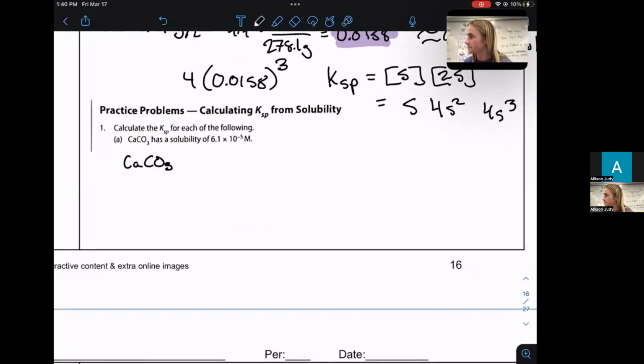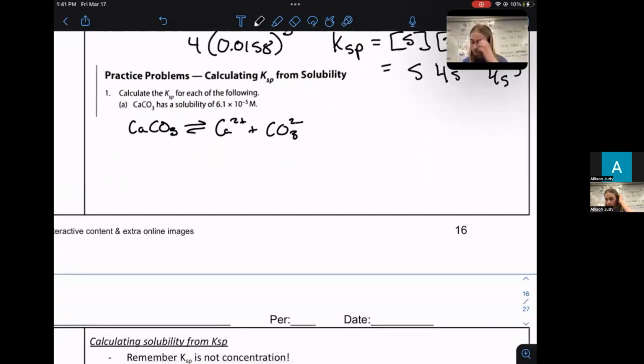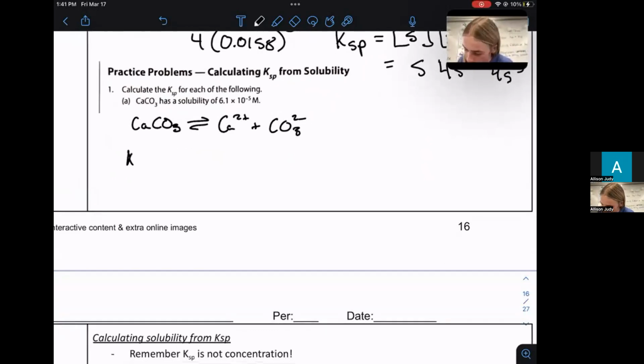So you have 2s for chlorine, and then chlorine is also present at a coefficient of 2, so you have it squared. So 2s squared times s is 4s to the fifth.